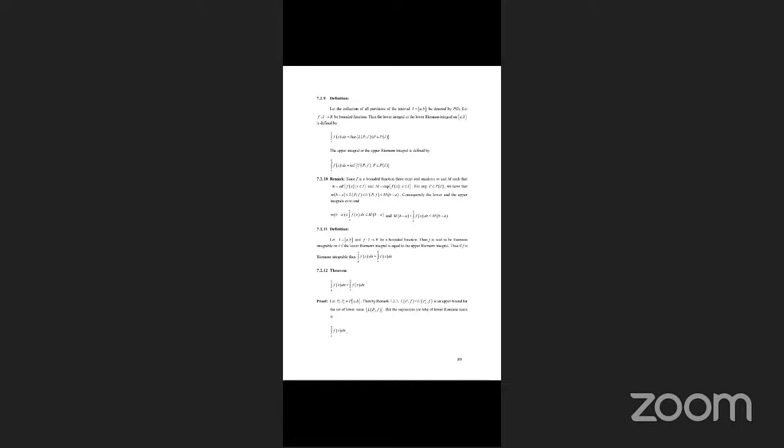Hello, students, please mute. Now you have the Riemann sum on the first partition, which is less than the upper Riemann integral plus epsilon by 2. This is the proof of Darboux theorem.